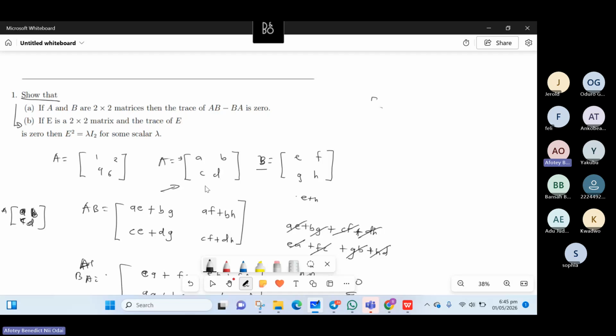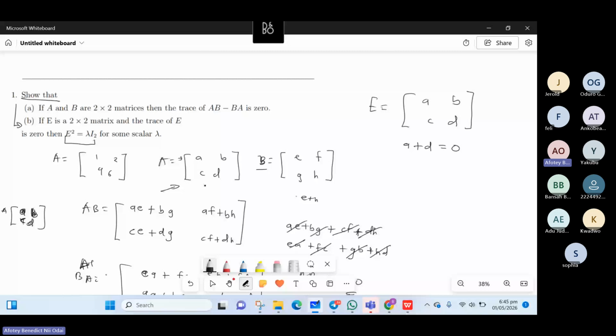So let the matrix E be equal to A, B, C, D. Now, the trace of E is 0. This means that A plus D is equal to 0. Then we are to show that E squared is equal to a lambda, or a scalar, times an identity element. So let's show this.